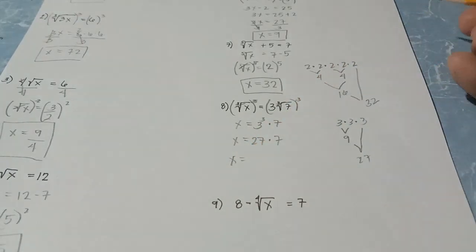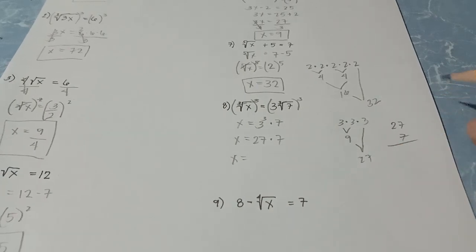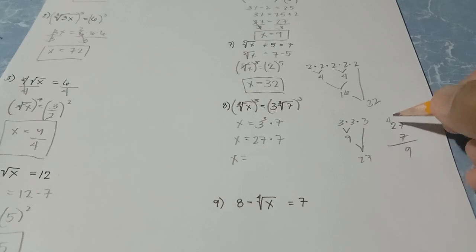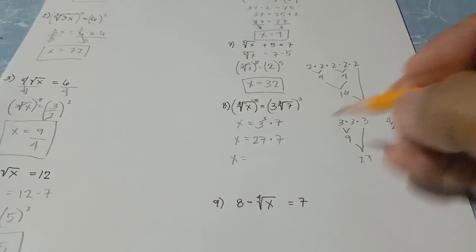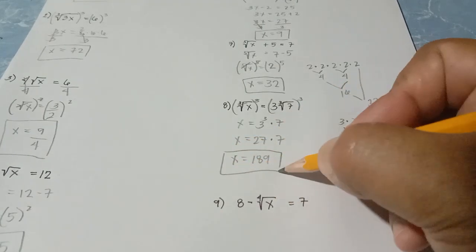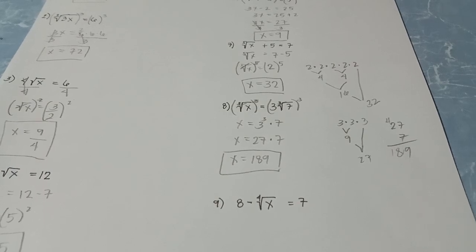Okay. 27 times 7, so i-manual natin. 27 times 7, 7 times 7 is 49. 14, 7 times 2 is 14, plus 4, so 189. Okay, 189. Okay. So in number 8, we have 189. Next.